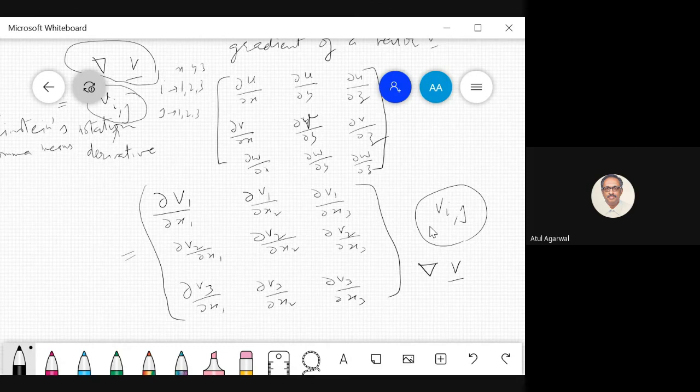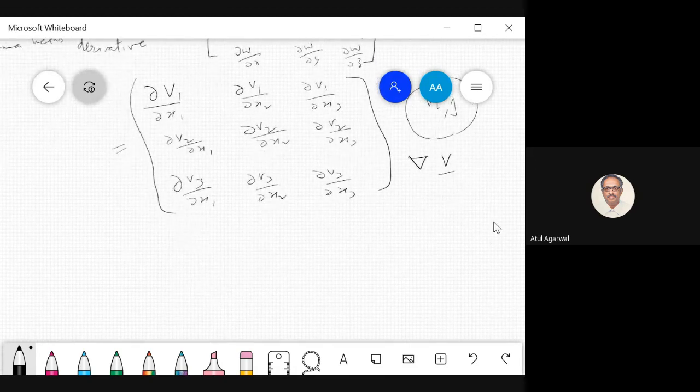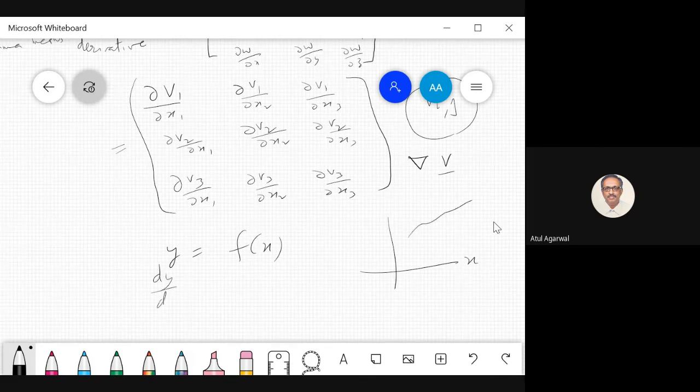I ask you a simple question. If you have a scalar function, for example y is equal to f of x, here you have an x coordinate and you get some function value. What is the derivative? Is it a scalar or a vector?